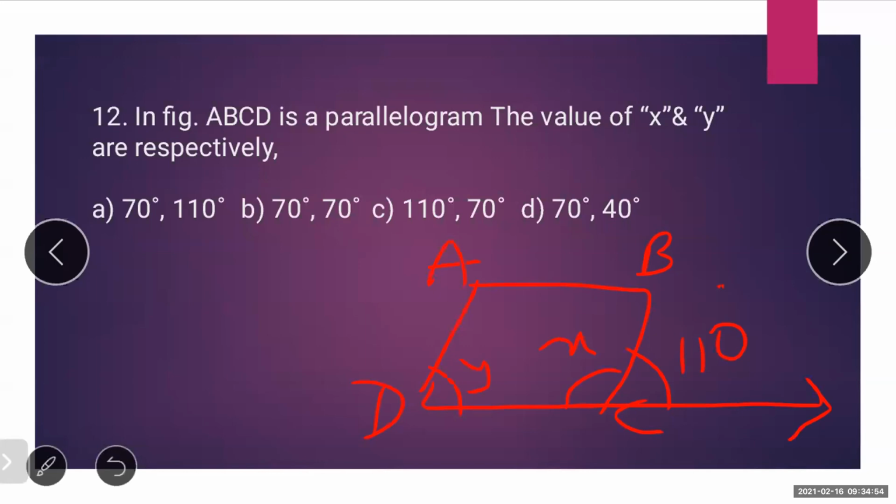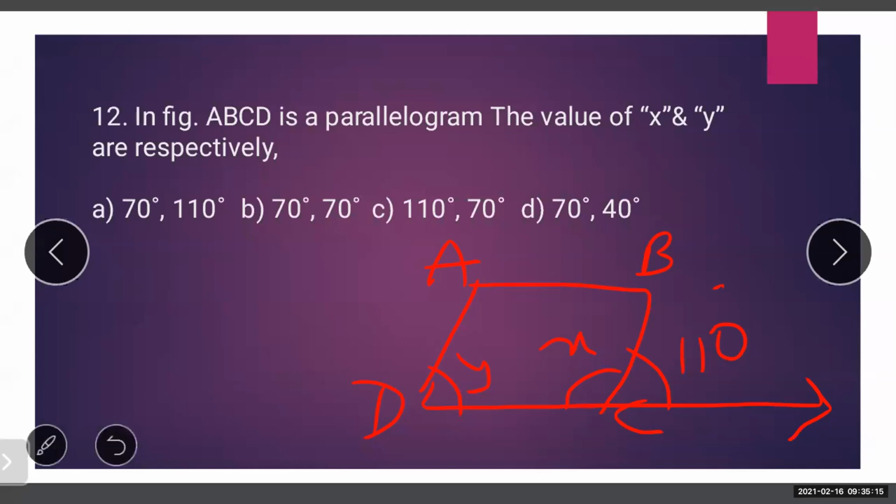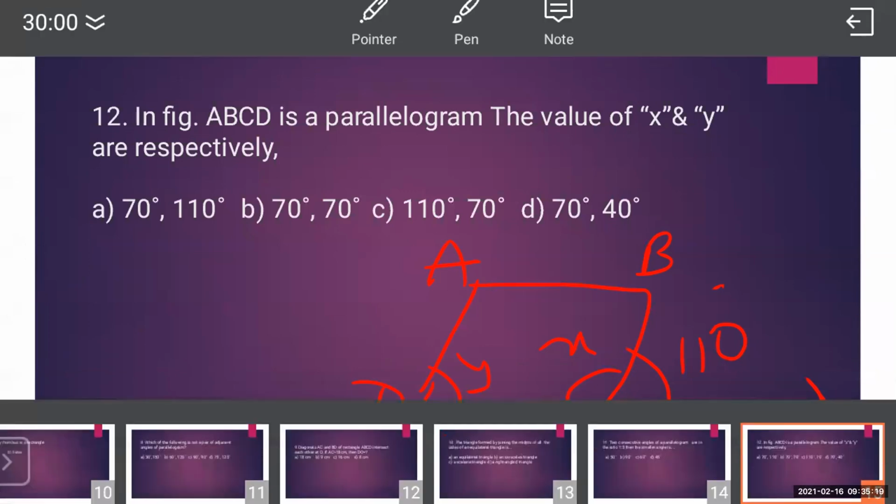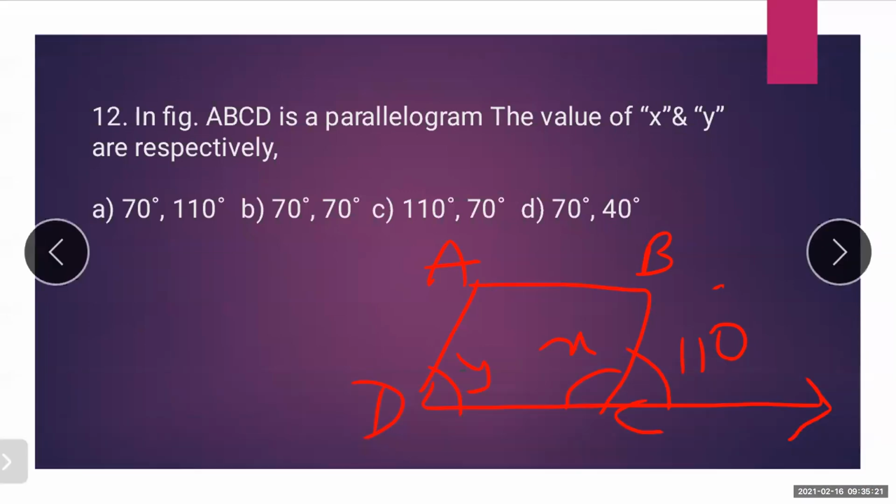Now just observe the diagram. In figure ABCD, which is a parallelogram, the value of x and y are respectively. That means you have to find out the value of x and y, that is angle C and angle D. Now if you see the diagram carefully, students, this angle C forms a linear pair.